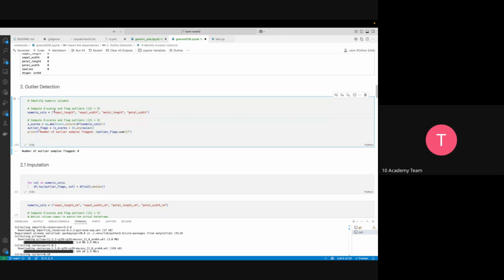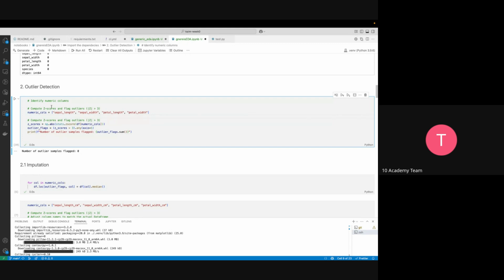It's going to calculate the mean value of the dataset, and measure how many standard deviations each point has from that mean. That's just what z-score means.